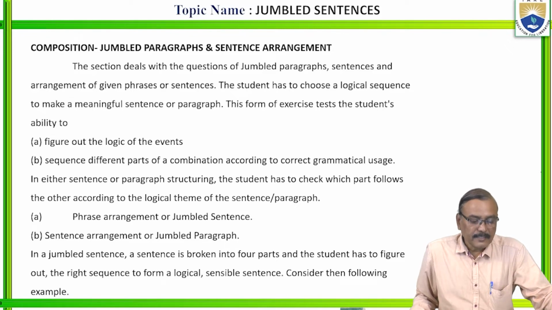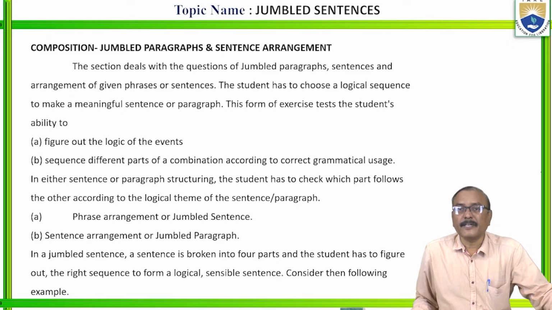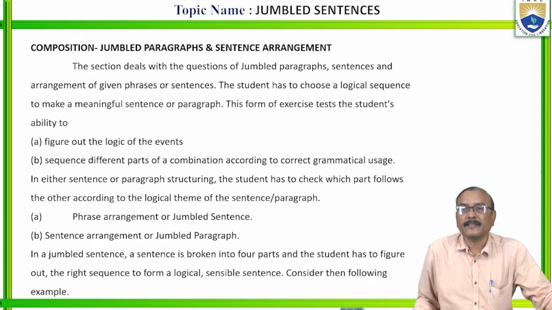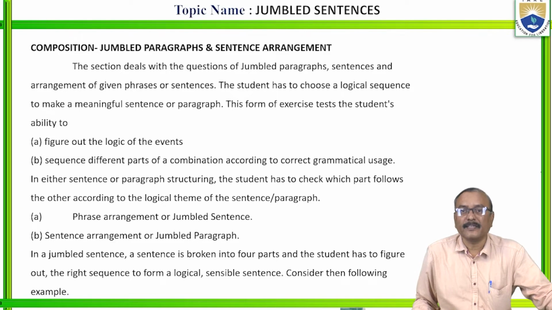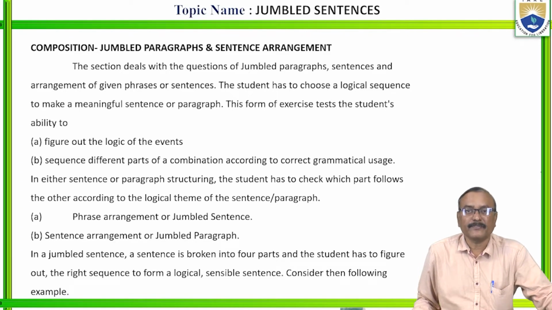Next, sequence different parts of a combination according to correct grammatical usage in either sentence or paragraph structuring. The student has to check which part follows the other according to the logical theme of the sentence or paragraph. The first type is phrase arrangement or jumbled sentence.